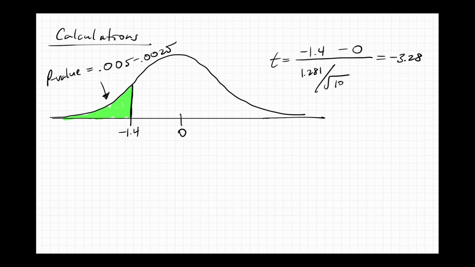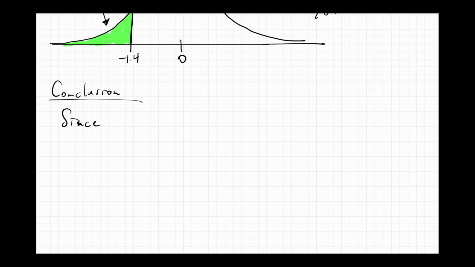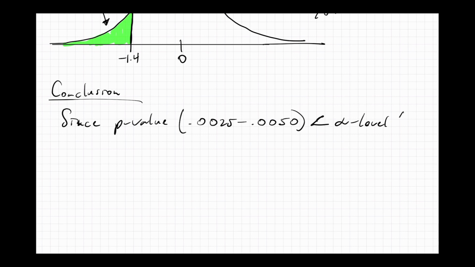Conclusion. The conclusion's the same. Oops, not calculation. Conclusion. Since the p-value is less than the alpha level, we reject the null hypothesis.